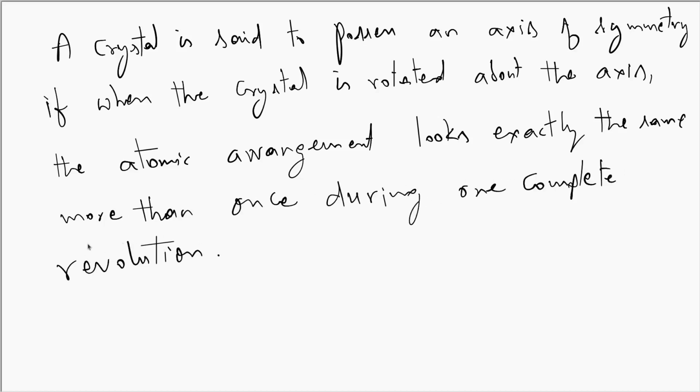It means about some axis of the crystal, if you rotate the crystal and you see the same configuration more than once in one complete revolution, then you say that axis is an axis of symmetry.